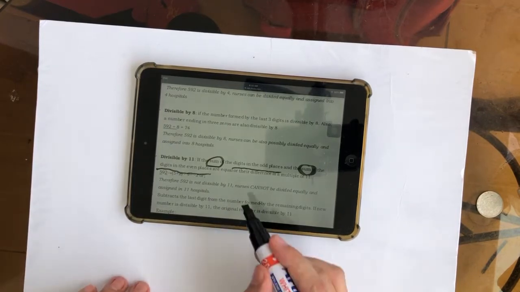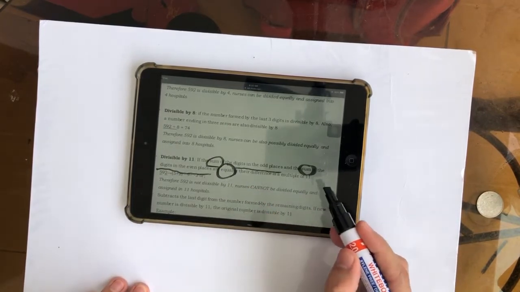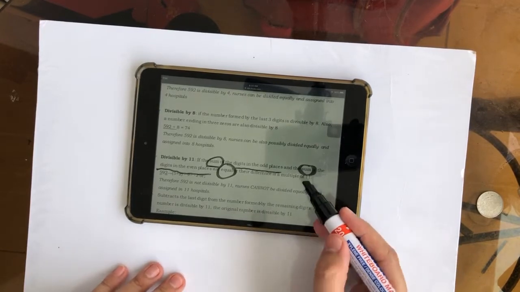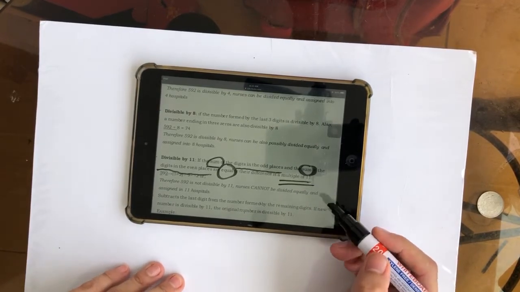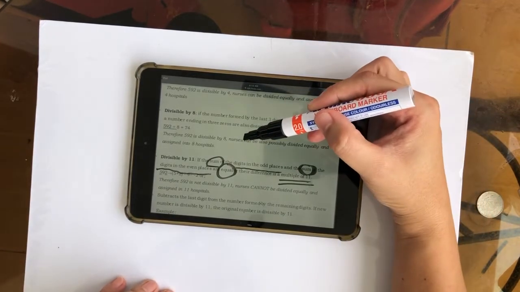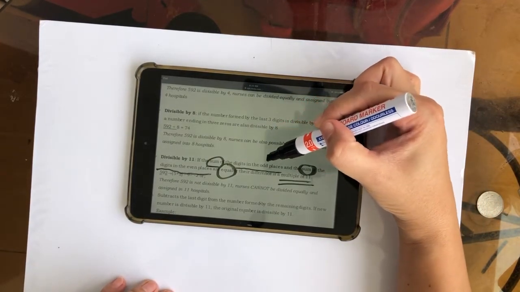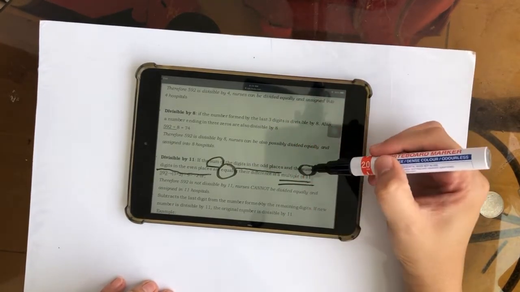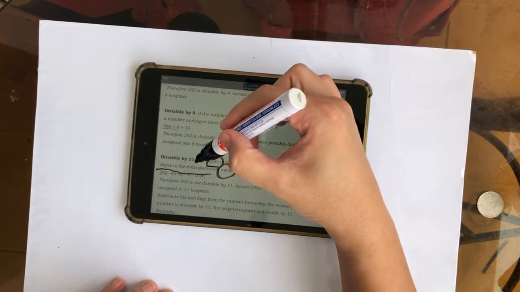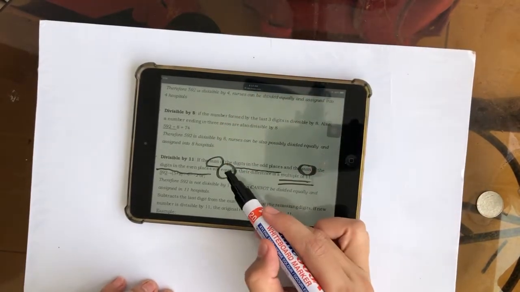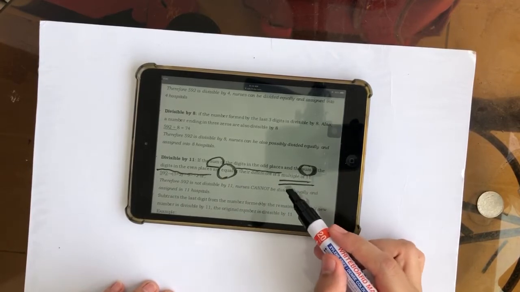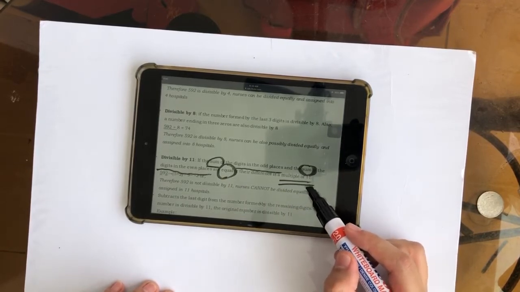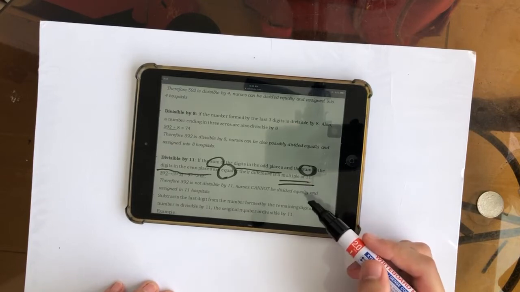Okay? So, kailangan daw sila ay equal or ang difference nila ay multiple of 11.